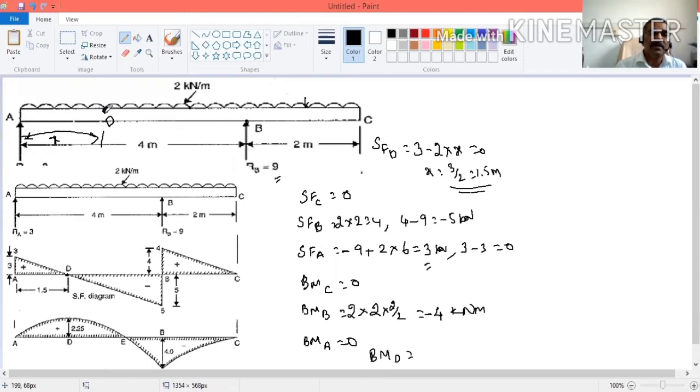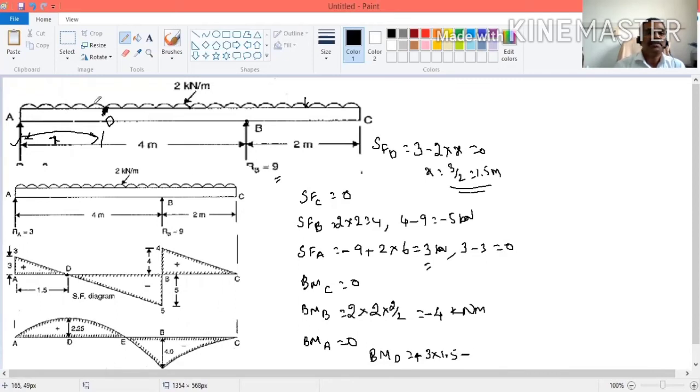Now at this point I am going to calculate bending moment. To find the bending moment at this point, you can consider the left side. The right side also you can consider, nothing wrong. Since the left side looks simple, we are considering it. So 3 into 1.5, this is the moment due to RA. This is a clockwise moment, so I am taking it positive.